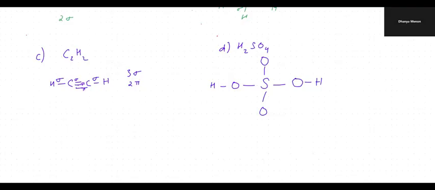And I have double bond for the 2 sulfur oxygen bonds, because sulfur must have a covalency of 6. So 1, 2, 3, 4, 5, 6 maximum covalency. Okay. If they are single bonds, it's a sigma bond. Here, if it's a double bond, one is a sigma bond, one is a pi bond. Double bond here, one is a sigma bond, one is a pi bond here.